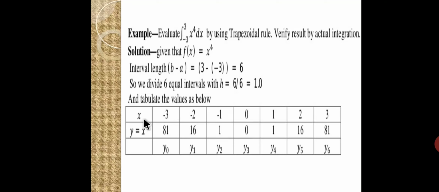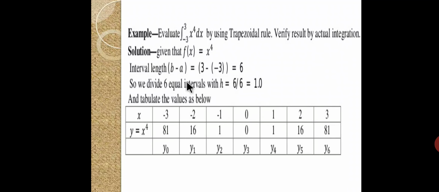For x, the initial value is minus 3, plus 1 gives minus 2, minus 2 plus 1 is minus 1, minus 1 plus 1 is 0, 0 plus 1 is 1, 1 plus 1 is 2, 2 plus 1 is 3, until the last value b. The initial value is minus 3 and the terminal value is 3.